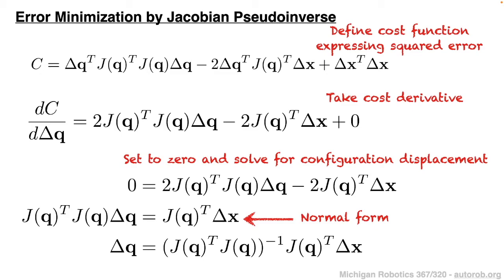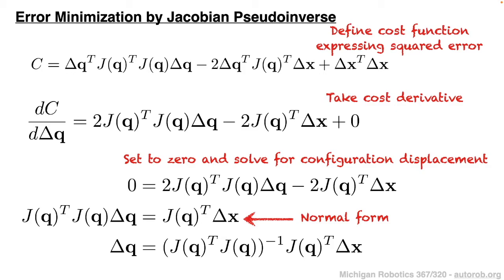We then take the derivative of this cost function with respect to the change in joint configuration, but instead of evaluating this derivative where the changing configuration is zero, so where the configuration has stabilized, we take the approach that we looked at in the first half of this lecture, where we set the derivative of this cost function equal to zero, and then solve for the change in configuration at that point. If we work through that process, the result is shown in the second half of this slide.